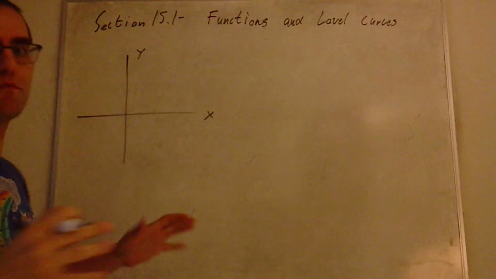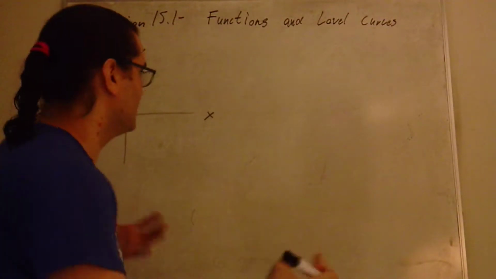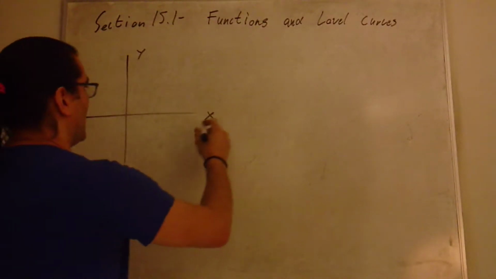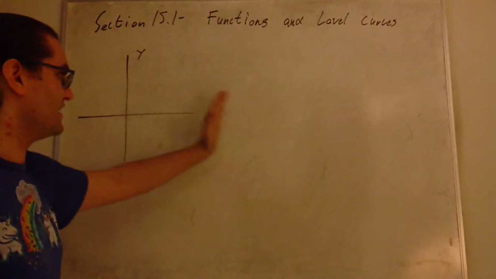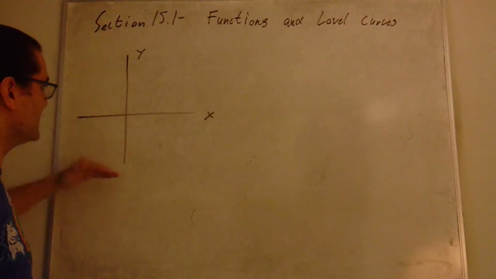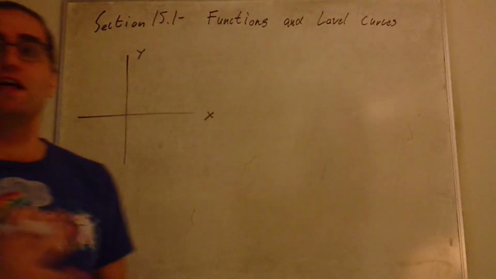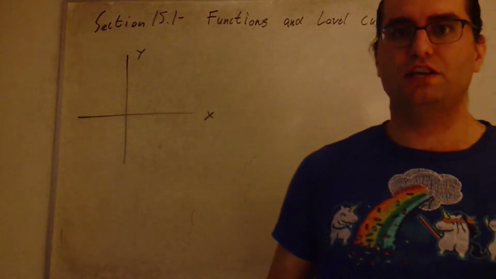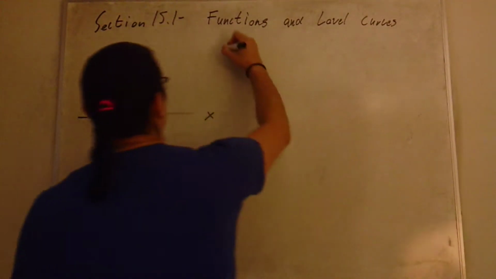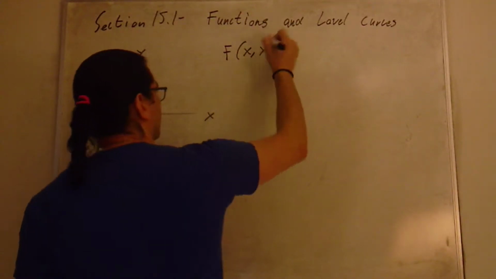The entire plane is going to be an independent variable. So x is independent. We can pick any position we want along the x-axis, and y is independent. We can pick any position we want along the y-axis. That means that the variables that we are going to input into our functions, we're going to input ordered pairs.